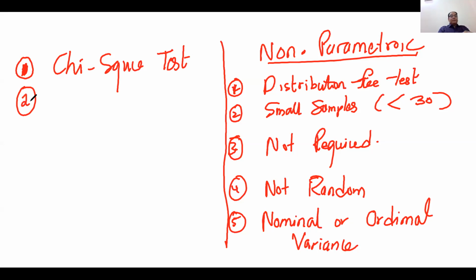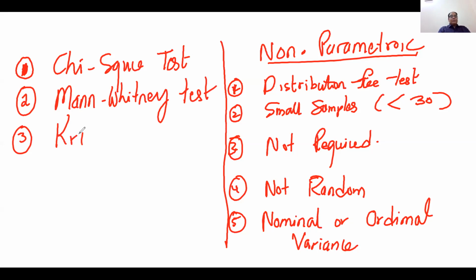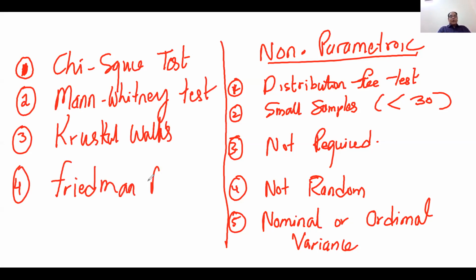Number 2, the Mann-Whitney test, which is very famous. Then we have the Kruskal-Wallis test, a non-parametric test, and the last is the Friedman ANOVA. So these are the four famous non-parametric tests that we are going to study today.